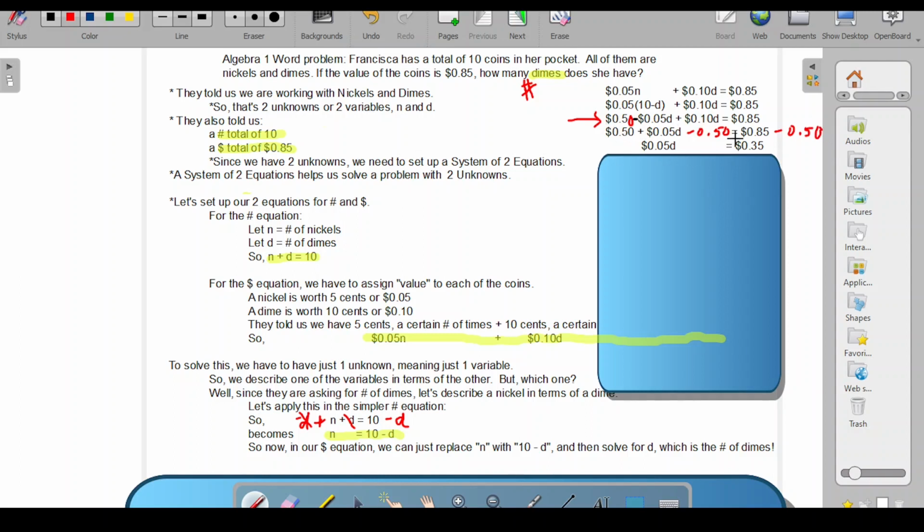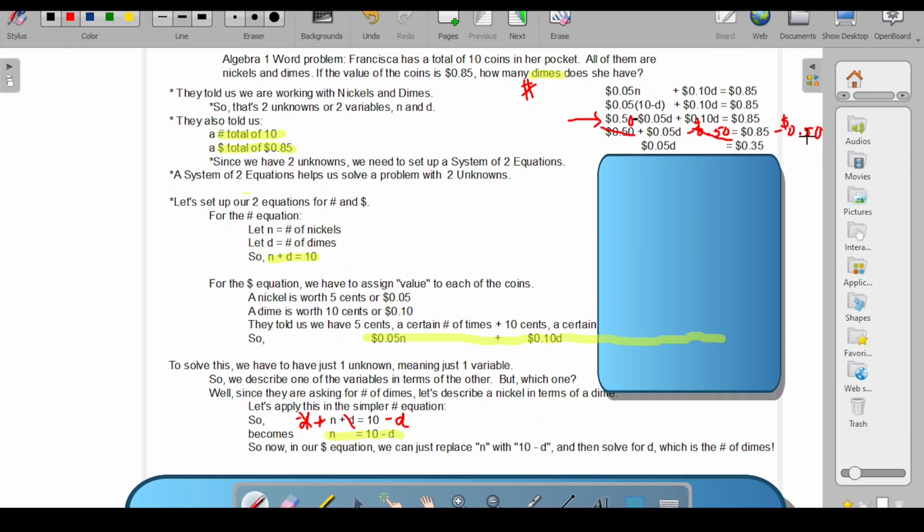Well, this side just becomes 0. 50 cents minus 50 cents. I guess I should put the dollar sign in. So that just becomes 0. So these just go away. And then on this side, we have 85 cents minus 50 cents.